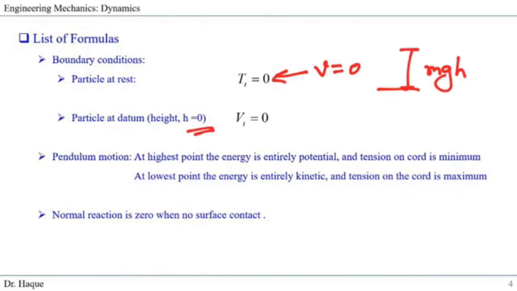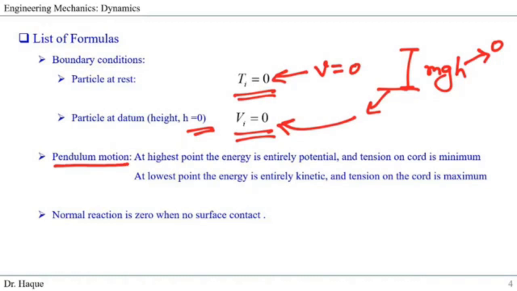So if you have a datum, or the base or the ground, where h is 0, your potential energy is 0. You have to understand this concept, because you may have to use these boundary conditions in your problem to make the problem simpler.